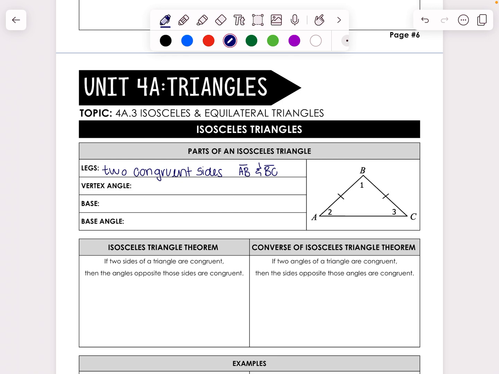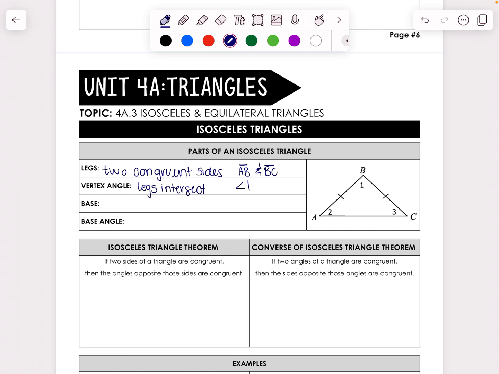Then we have our vertex angle, and that's going to be where our legs intersect. In this case, our legs intersect at angle 1, so that would be our vertex angle.